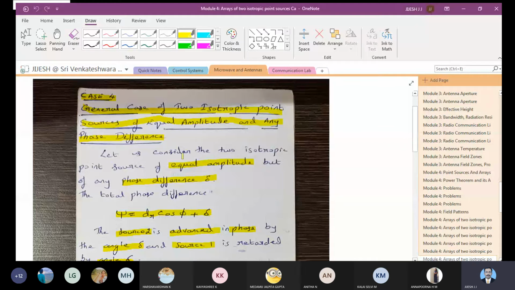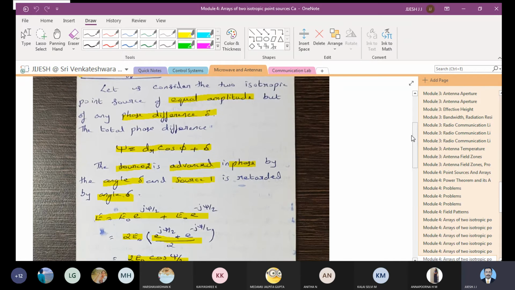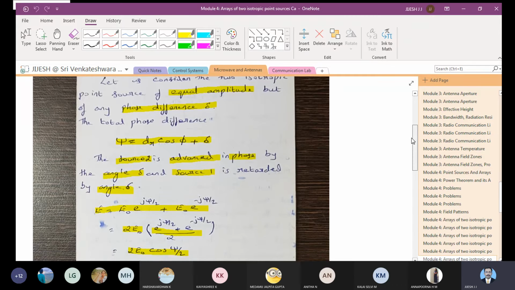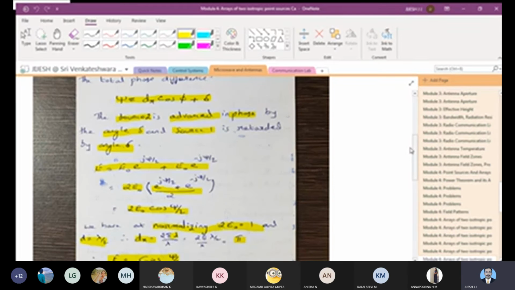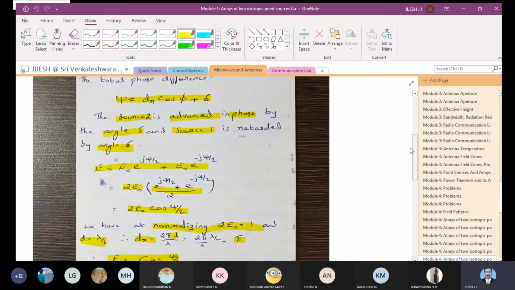When I am considering any phase, the amplitudes are equal but the phase difference is delta. So psi will be dr cos phi plus delta. Moving further, E is equal to E naught e to the power of j psi by 2 plus E naught e to the power of minus j psi by 2. Simplifying, you get 2 E naught cos of psi by 2. So d will be lambda by 2, and substituting d, dr will be equal to pi.